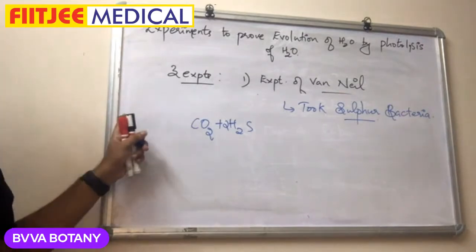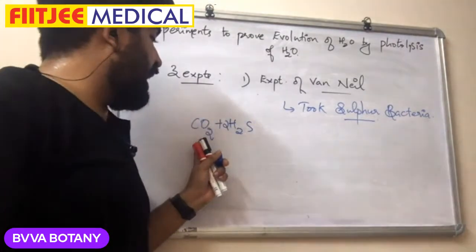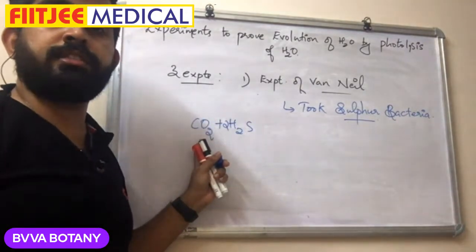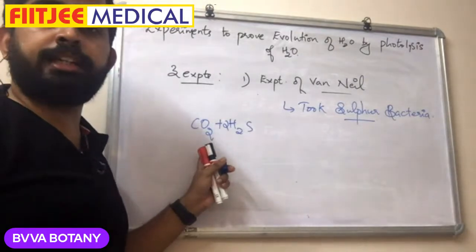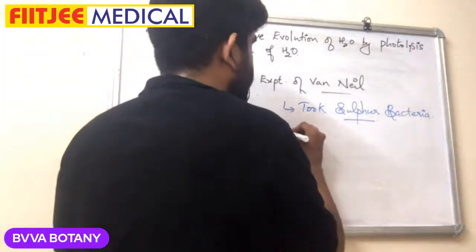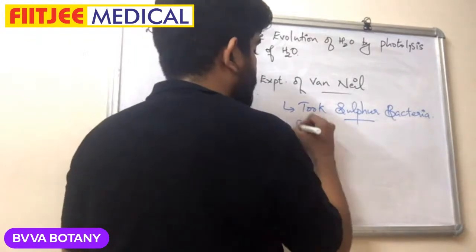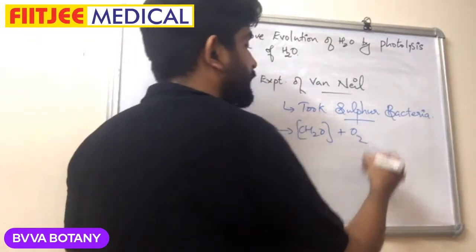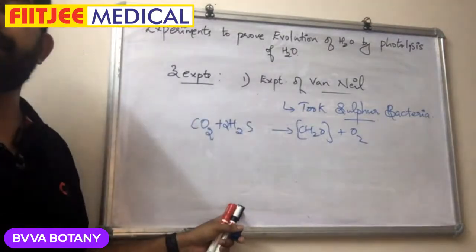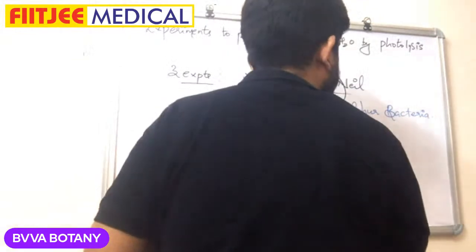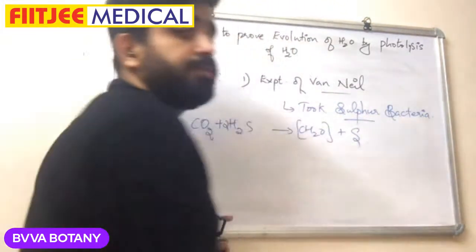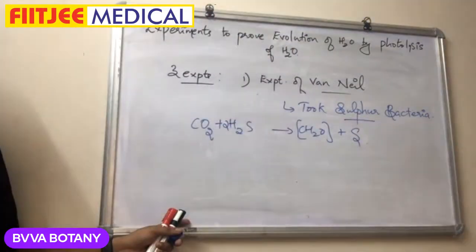And as per scientists, if carbon dioxide is the one which is responsible for oxygen evolution, here carbon dioxide is there. So definitely here, along with glucose, what should be there? Oxygen should have been there, but here oxygen was not there. Here, instead of oxygen, sulfur was there. Okay, S was formed there.